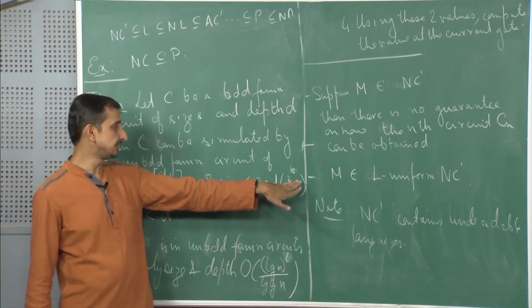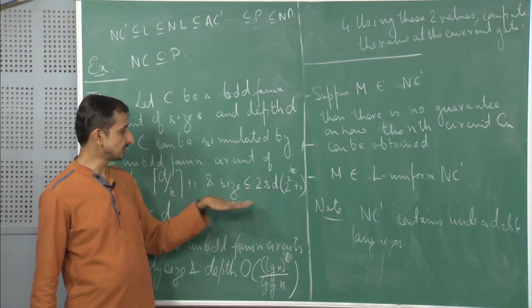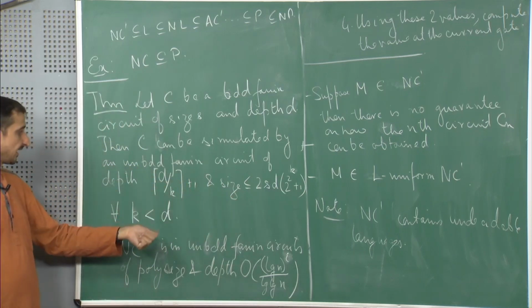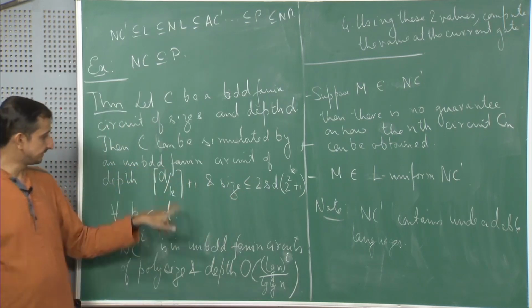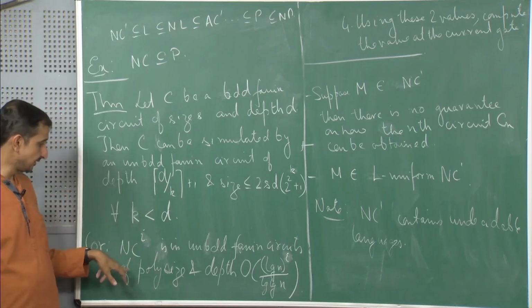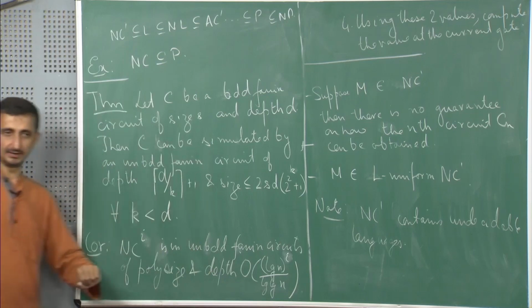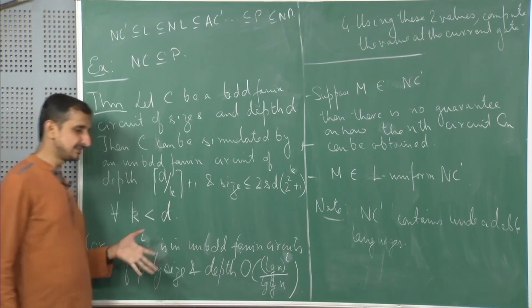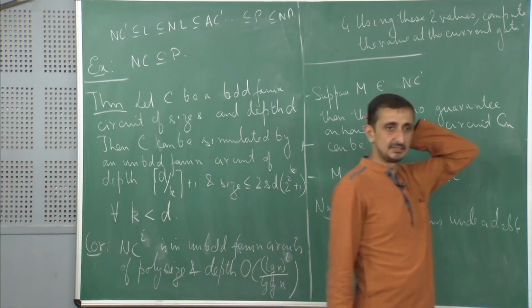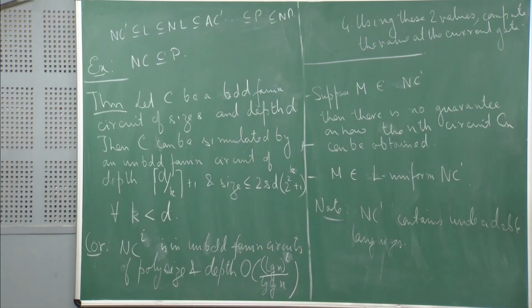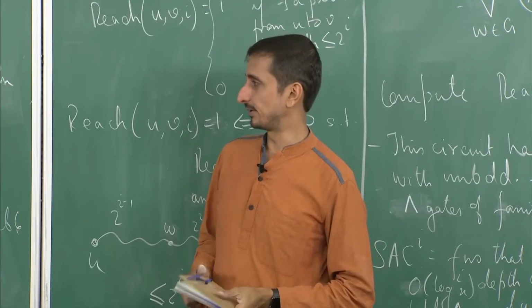The reason I need to choose K to be log n is that I need the size to be polynomial. Now if K is log n, then I get D, which originally was (log n)^k, divided by K, which is log n, which is exactly what I get. The proof is actually quite easy, but we will see this next time. Okay, I will stop here.